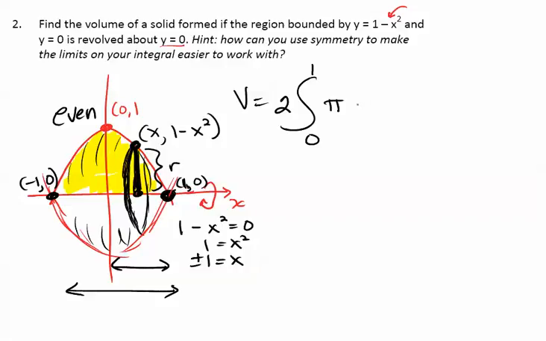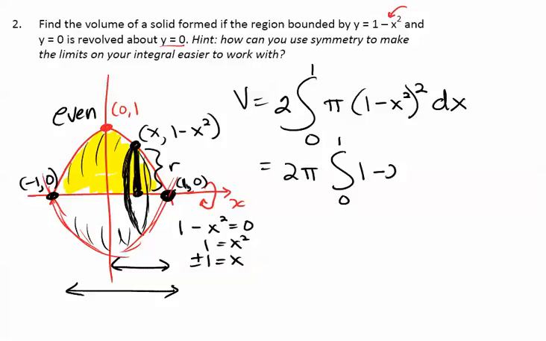So my pi r squared, our radius, is the y-coordinate here. So we've got to square that binomial. So again, you can bring the pi out in front and put it back in your answer later if you wish. And again, we've got a binomial to square. So let's distribute here to get our trinomial.